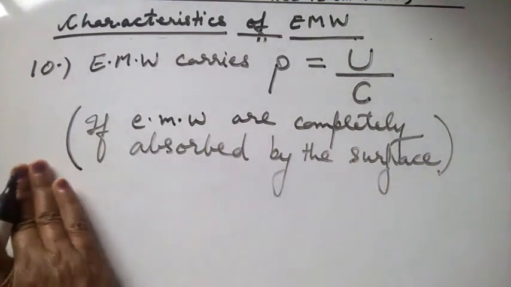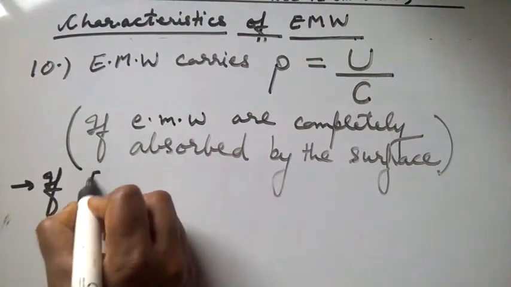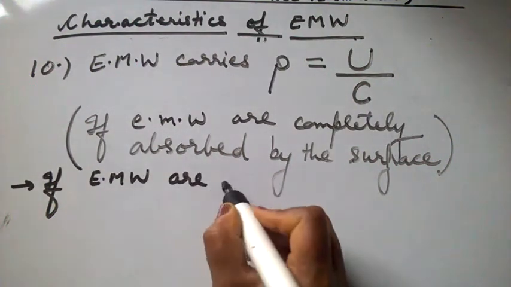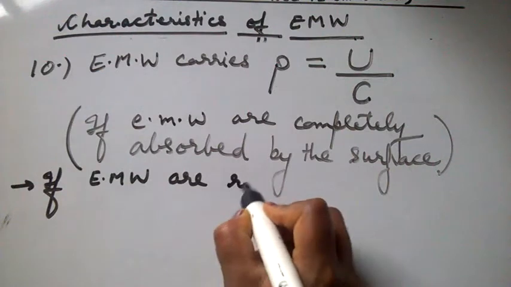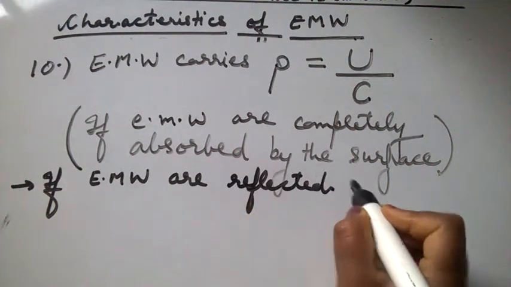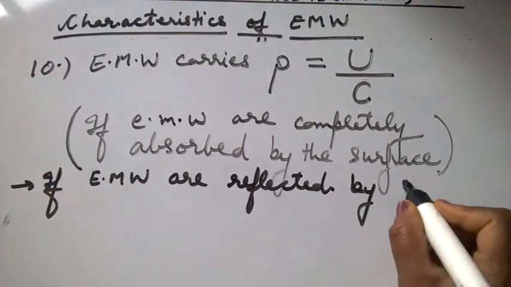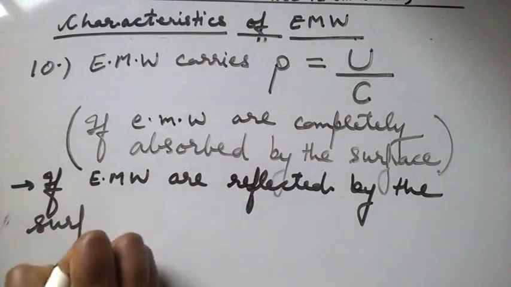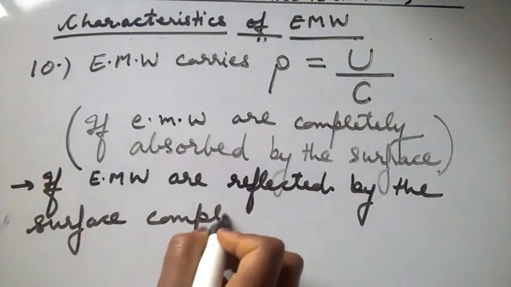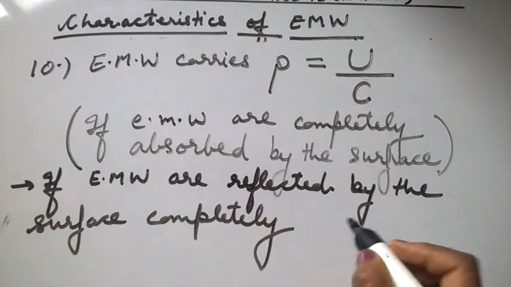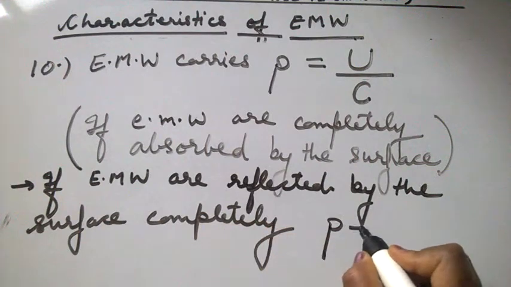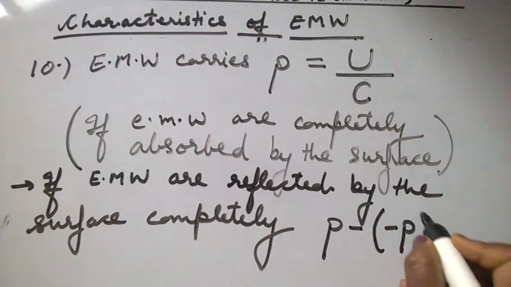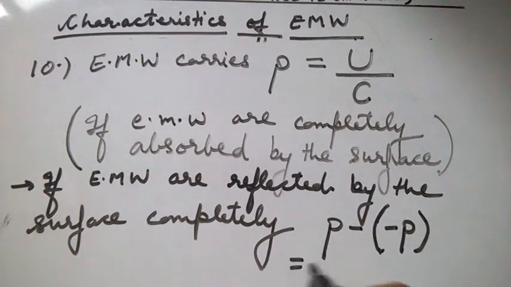That is, if electromagnetic waves are completely reflected by the surface with the same momentum, then it is equal to the change in momentum, that is, the incident momentum p and the reflected momentum minus p, which gives 2p, and here p is equal to u by c, so it is 2u by c.